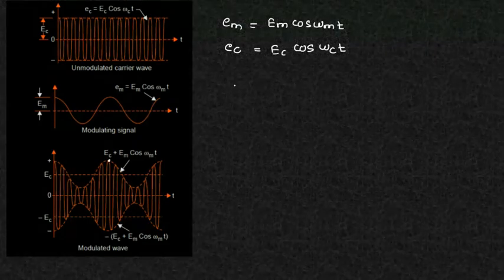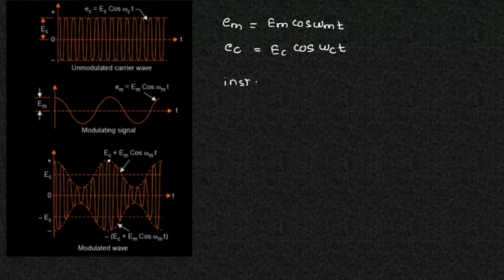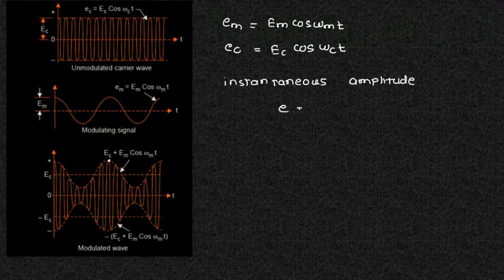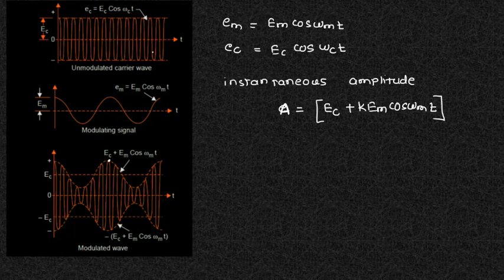So for the amplitude modulated wave, the instantaneous amplitude A is equal to Ec plus K Em cos omega mt. Ec is the amplitude of the carrier wave signal, and K is just a constant. You just remember that K is a constant.